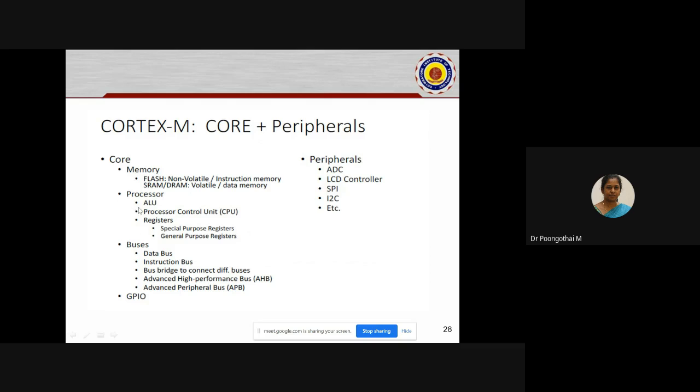The core contains the ALU, processing control unit, and all your special function registers and general purpose registers. ARM supports the advanced high performance bus and advanced peripheral bus, and we can connect peripherals to Cortex M3 and M4 processors using these bus interfaces.